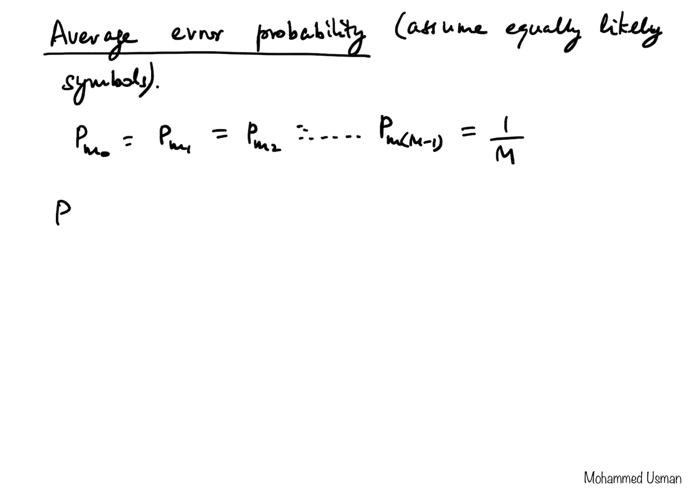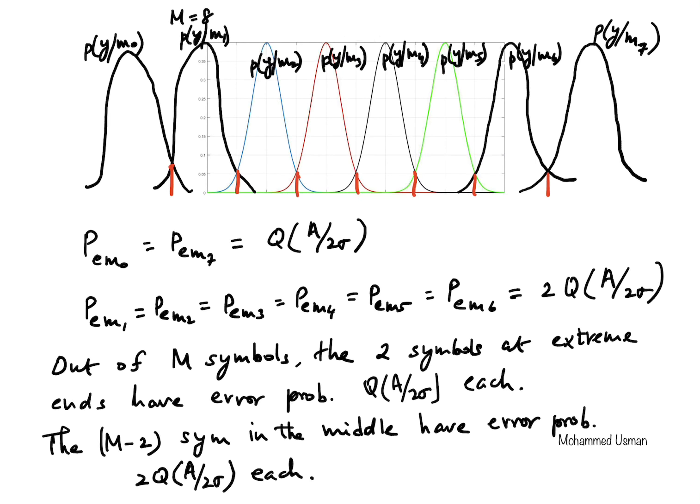And with that information, we can now write the average error probability as 1 by m into, so we have two symbols at the ends which have error probability of Q of a by 2 sigma. The extreme left and the extreme right symbols have error probability of Q of a by 2 sigma, so we add them. Then in the middle we have m minus 2 symbols with 2Q, so we add the 2Q m minus 2 times.